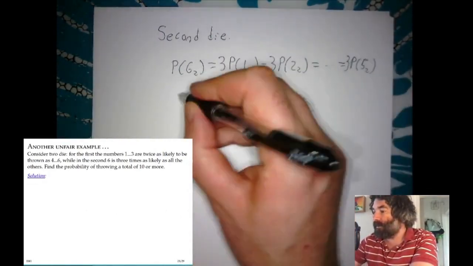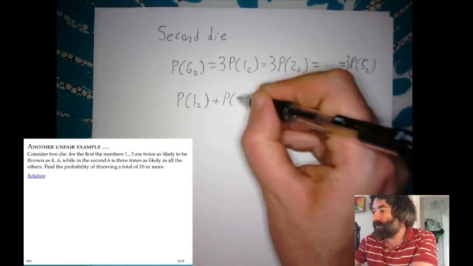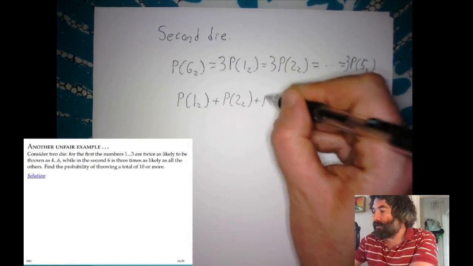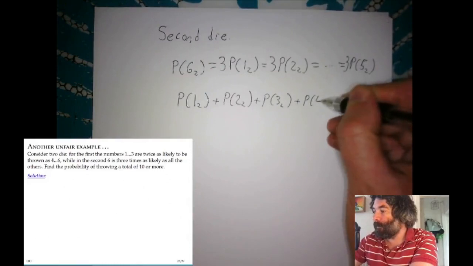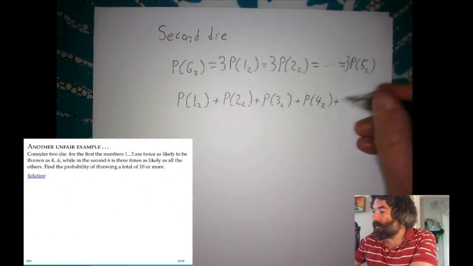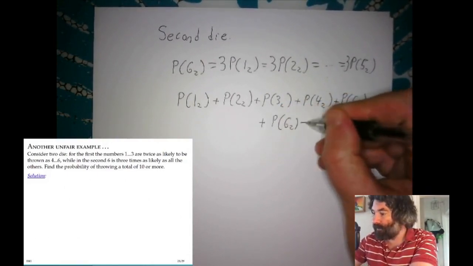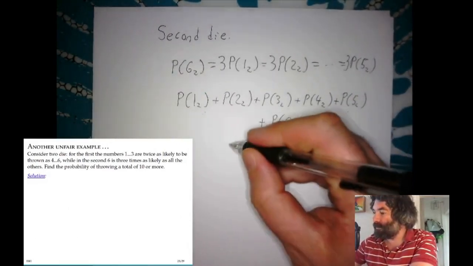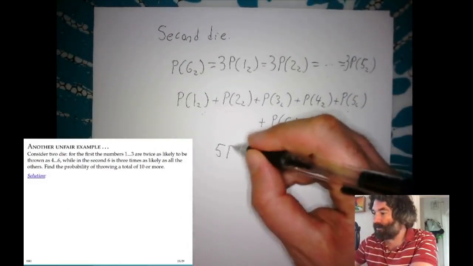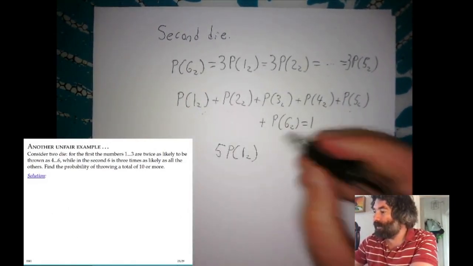And so that means we have the probability of rolling 1 on the second die plus 2 plus 3 plus 4 plus 5 plus 6. Those all add up to 1. So each one of these 5 are the same. So the top row there gives us 5 times the probability of rolling 1 on the second die. It's those 5.